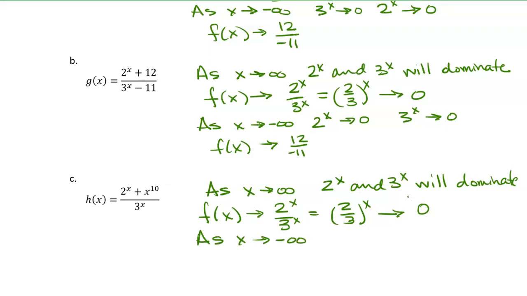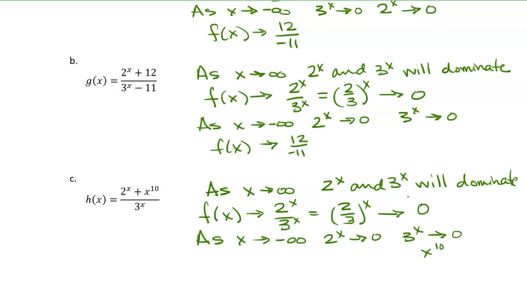All right, and then let's look at the other side as x goes to negative infinity. Now again, 2 to the x goes to 0. 3 to the x goes to 0. All right, so what's happening there? And x to the 10th, well, x to the 10th is going to go to infinity.